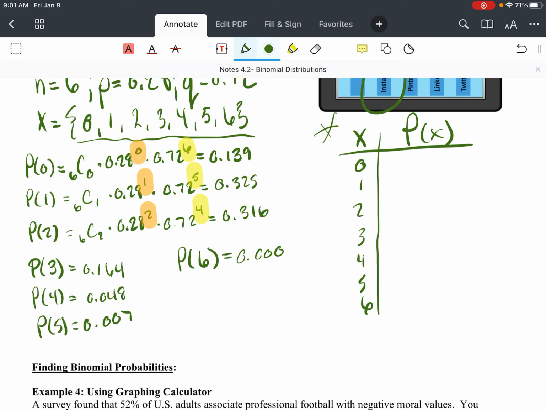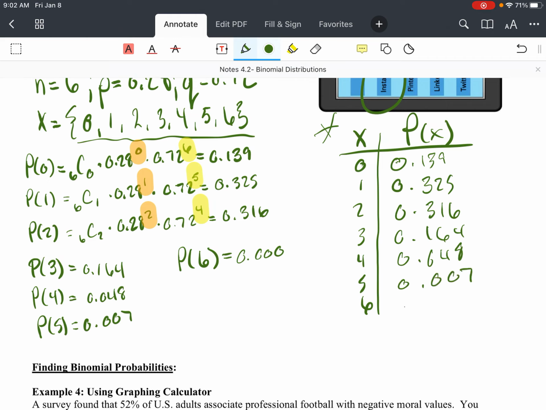Okay, so in our distribution, this is the part that we want. All you're going to simply do is recopy those probabilities. Okay, so we've got 0 is about 13%, 14%. 1 is about 32.5%. 2 is about 32%. 3 is about 16%. 4 is about 5%. 5 is about 1%.